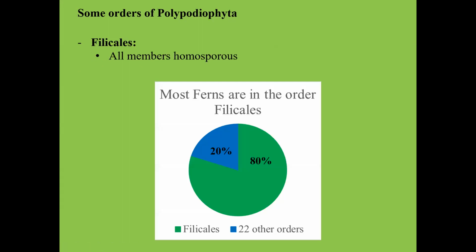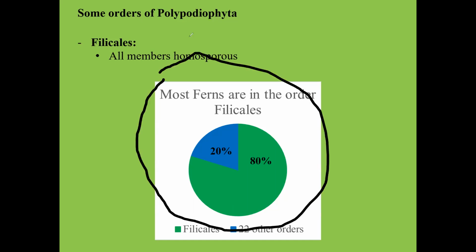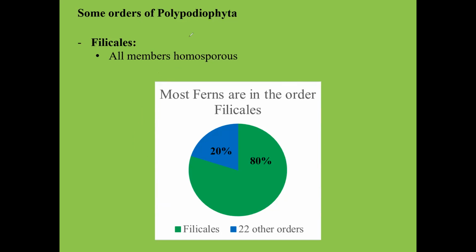Most members of ferns are in the order Filicales. If you were to make a pie chart of all the ferns, that's what this is, the green slice, which in this case is the majority of the pie, is Filicales. 80% of all the species are in this order.